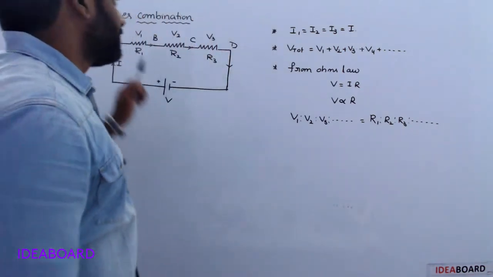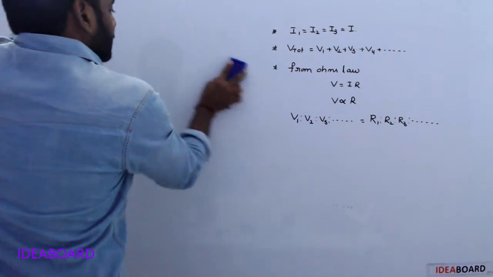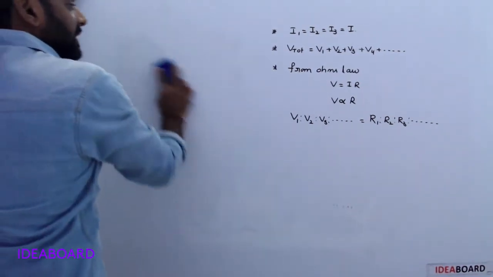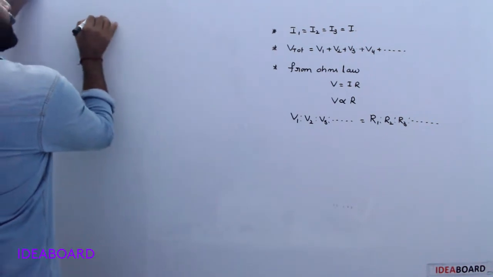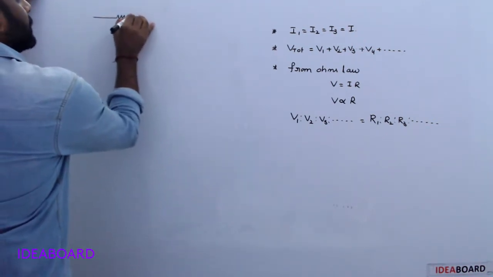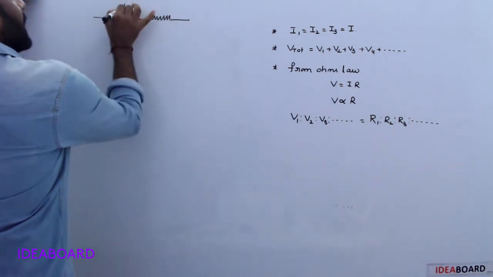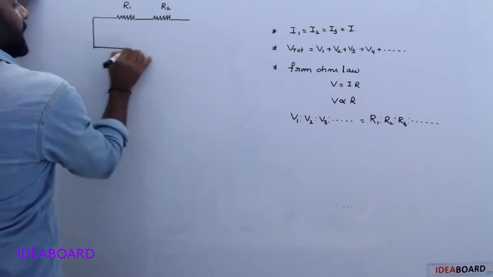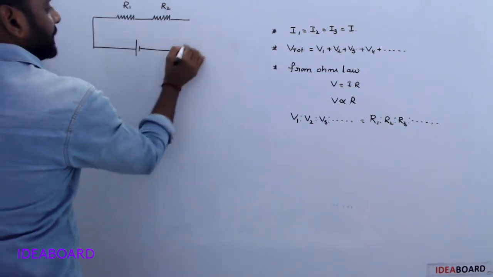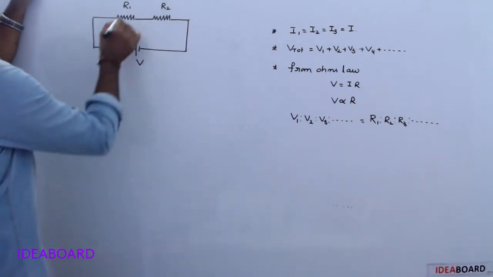For example, consider only two resistors, R1 and R2. The battery potential is V, the total potential.